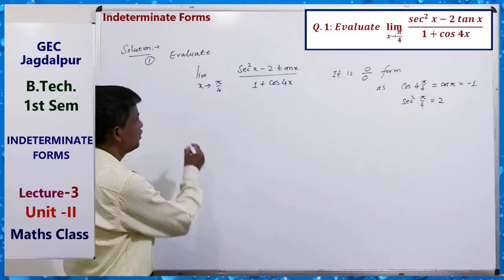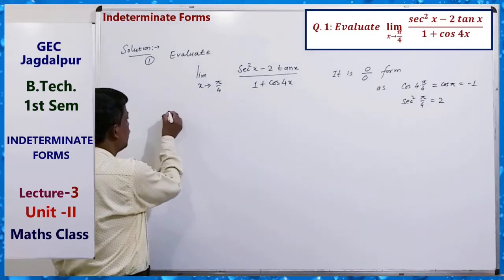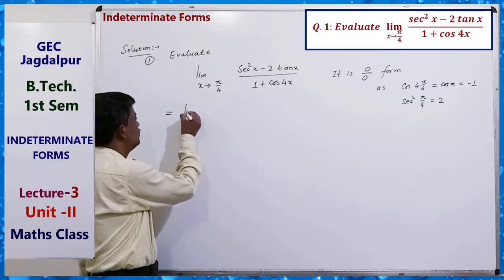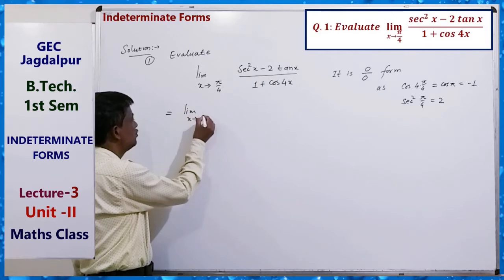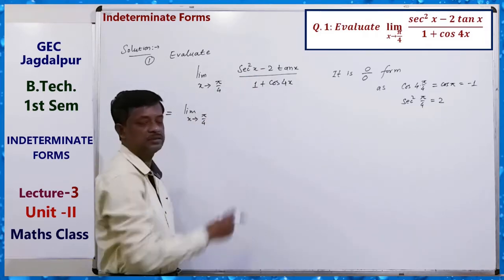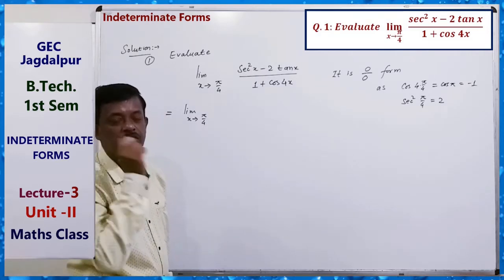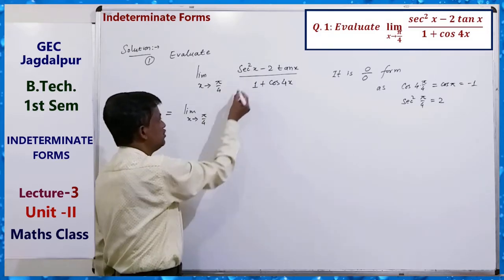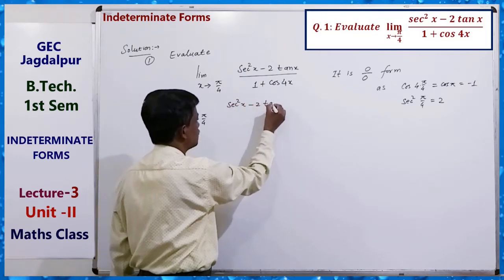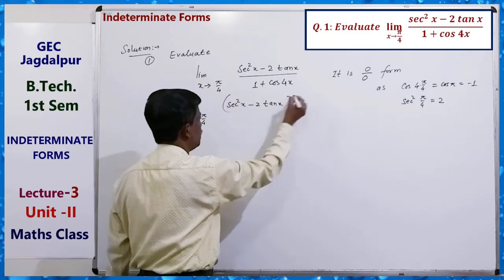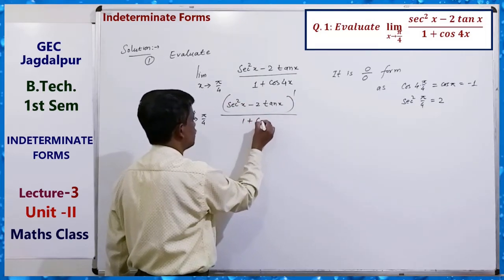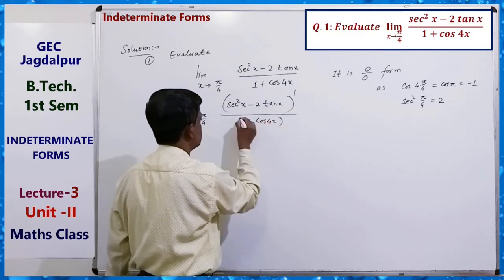So applying L'Hospital rule: under the limit x tending to pi by 4, we have to differentiate the numerator and denominator. Here the numerator, sec square x minus 2 tan x, dash, upon 1 plus cos 4x, dash.